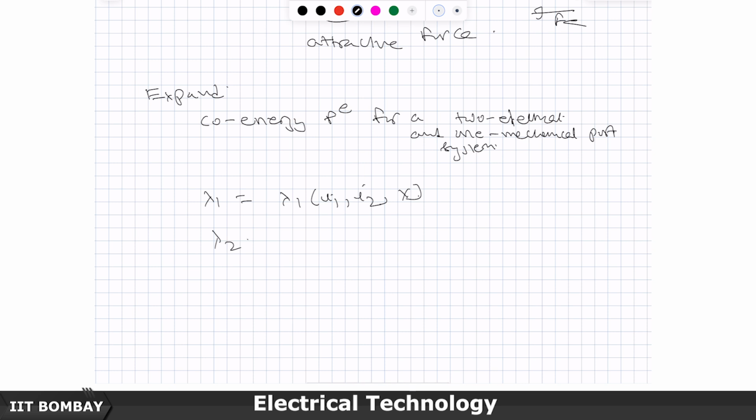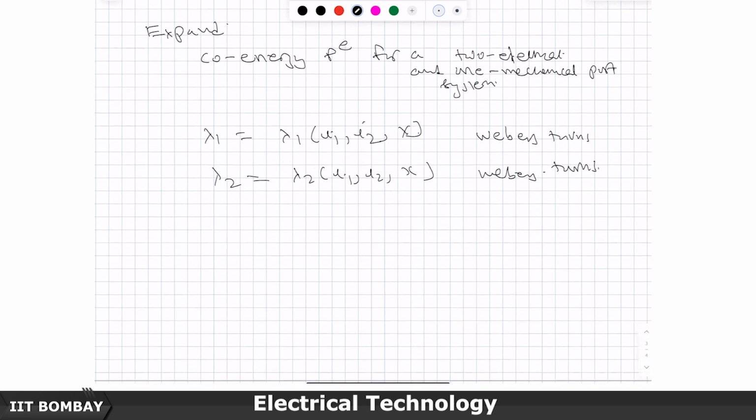Similarly, the flux linkages associated with the second coil will also depend upon I1, I2 and X. So, this is in Weber turns, if you want to be more right, N phi, just reminding you, N phi Weber turns.